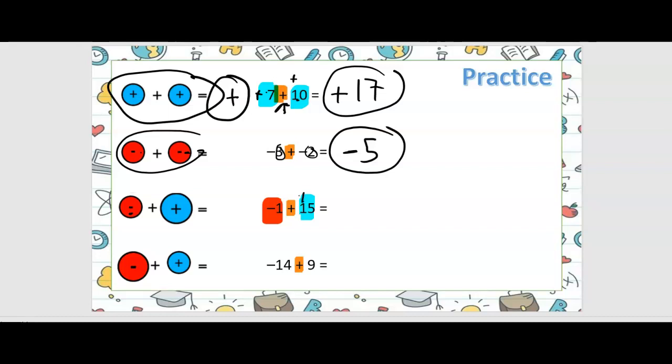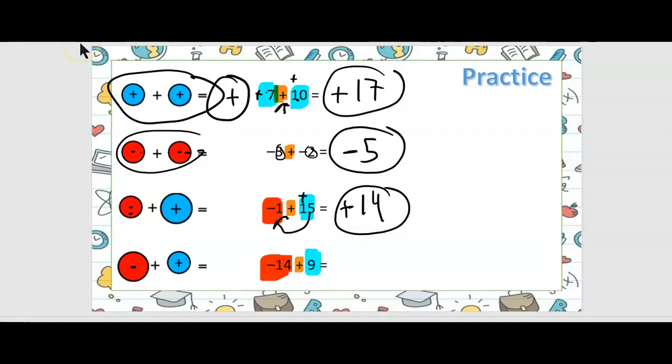What sign is here? They don't write it, but it's a positive. So we take that, then we subtract. 15 minus 1 is 14.